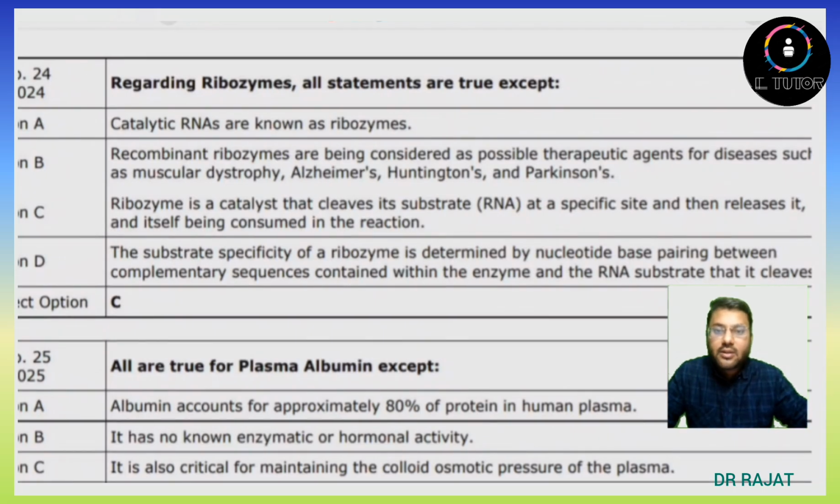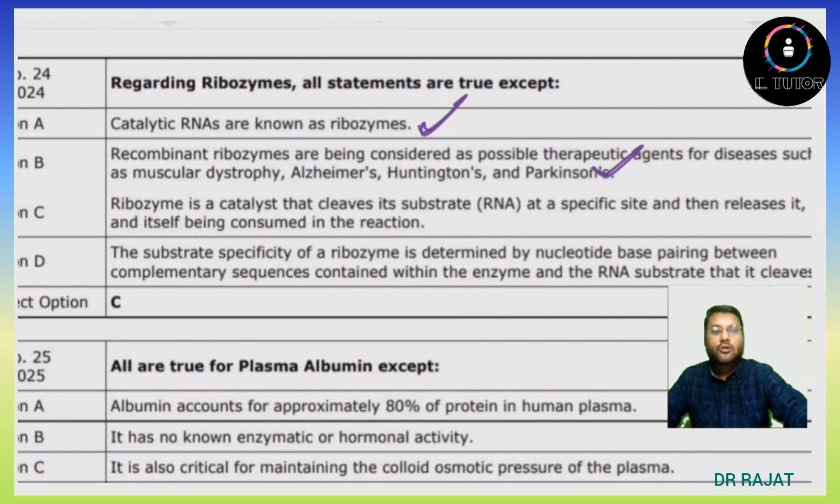Regarding ribozymes, all statements are true except catalytic RNA are known as ribozyme. This is true. Recombinant ribozymes are being considered as possible therapeutic agents for diseases such as muscular dystrophy, Alzheimer's, Huntington's, and Parkinson's. This is again a true option. Ribozyme is a catalyst that cleaves its substrate at a specific site and then releases it, itself being consumed in the reaction.